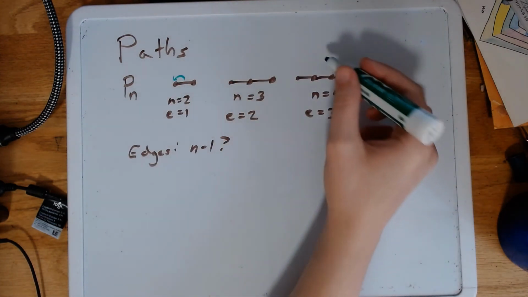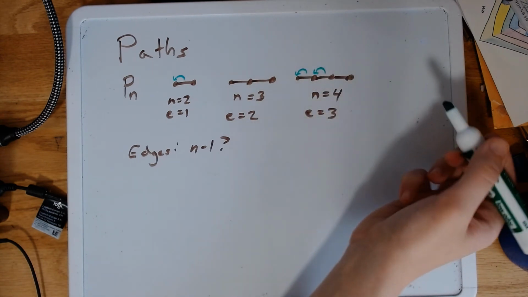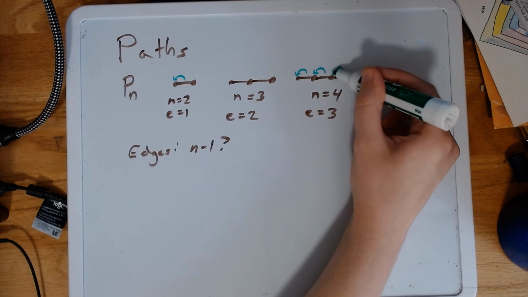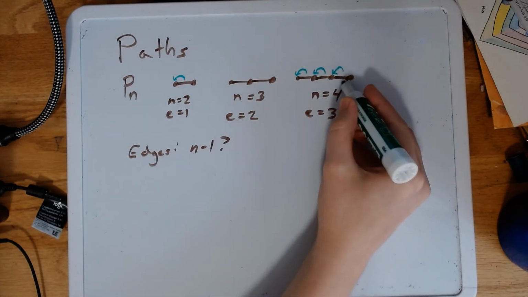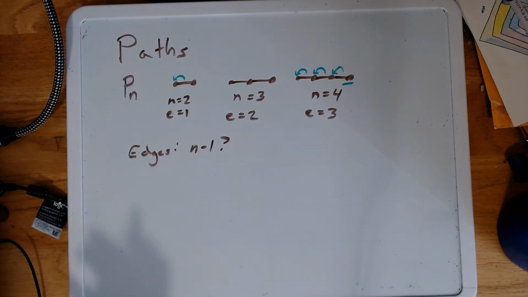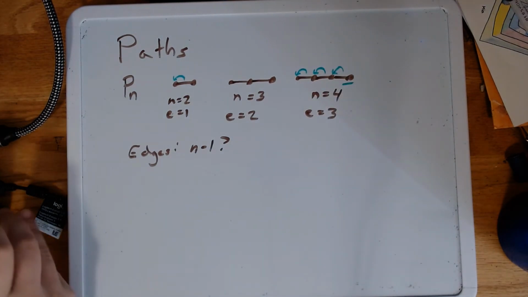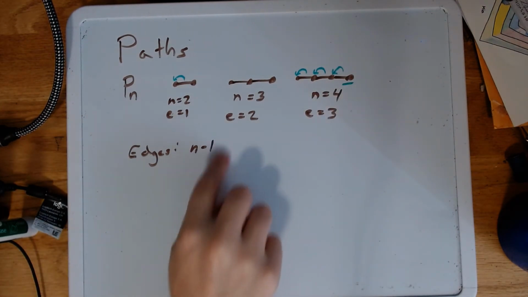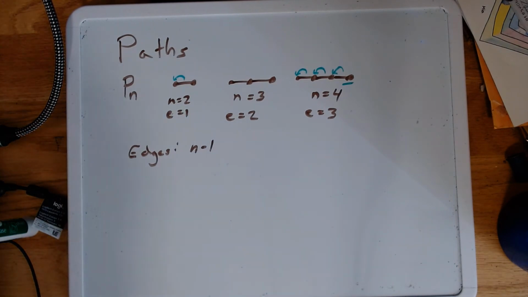On a longer path, this edge maybe starts here, and this edge starts there, and this edge starts there. And we're always left with an end vertex that doesn't have an edge starting there, but every other vertex does. And so that is an informal justification for why we get n minus 1 edges.